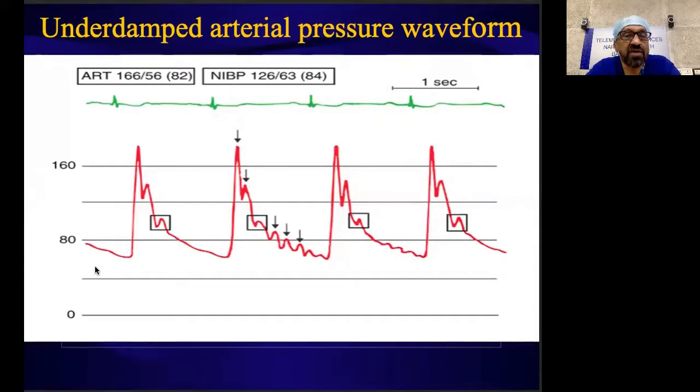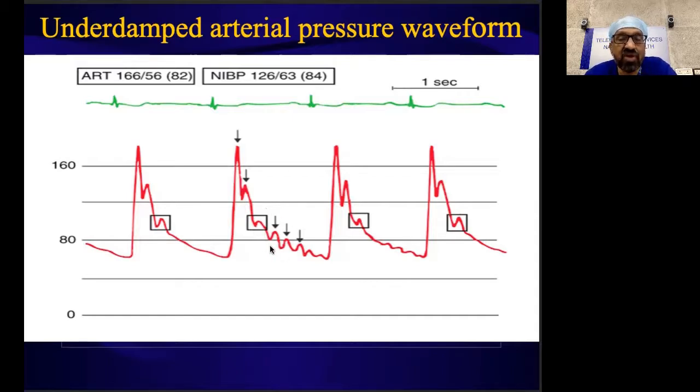This recording shows the underdamped arterial pressure waveform, where the systolic pressure is showing overshoot, and there are non-physiological waveforms which distort the arterial waveform. And when this happens, it's very difficult to find out which is the dicrotic notch. Is this the dicrotic notch, or is one of these the dicrotic notch?